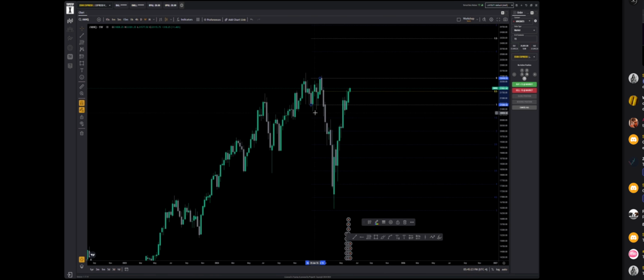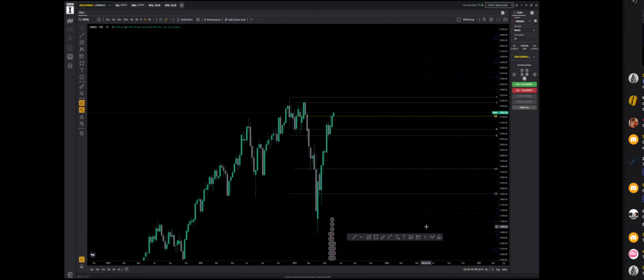I just do it on both sides. So the body to body of the initial consolidation, this is where the first close proximate alignment is, what I look for. So this area, that's where it happened. If it's a close proximate alignment, I use the middle point of those alignments. So this is that level.